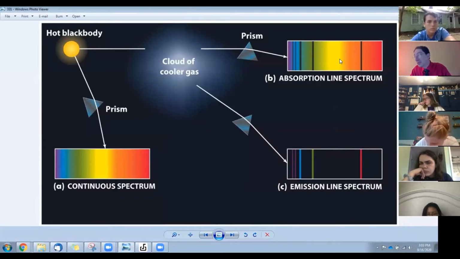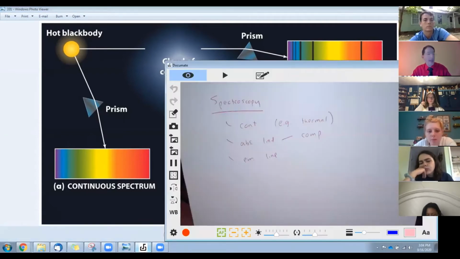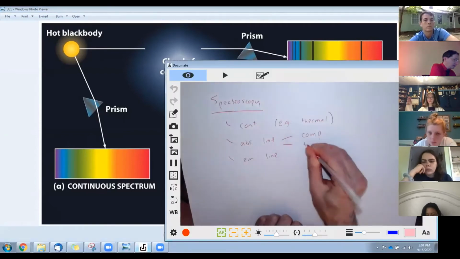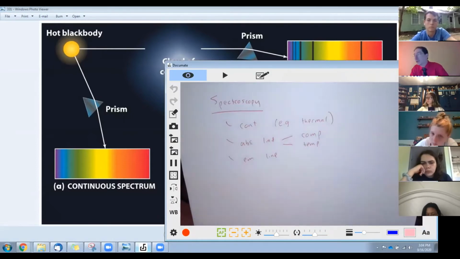If you change the temperature of the cloud, like if it's a really cold cloud, you won't see these lines in the visible, you'll see a different set of lines in the ultraviolet. If it's a really hot cloud, you'll see a different set of lines in the infrared. And there are reasons for this that we'll learn. But the pattern of lines gives you the composition and also the temperature. You can change what pattern any element presents by changing the temperature. So this is a powerful tool.